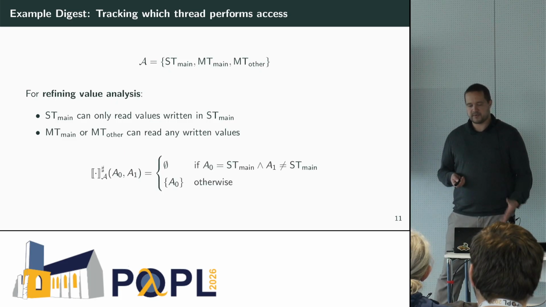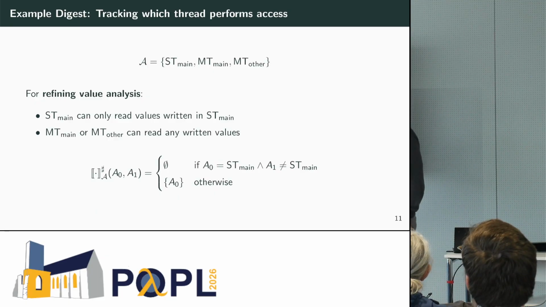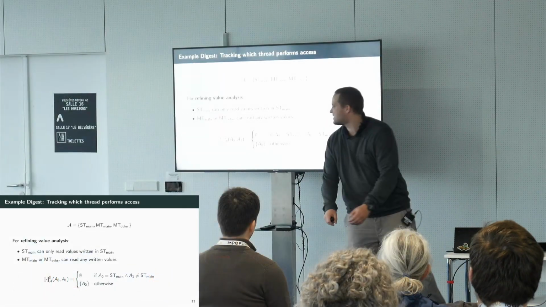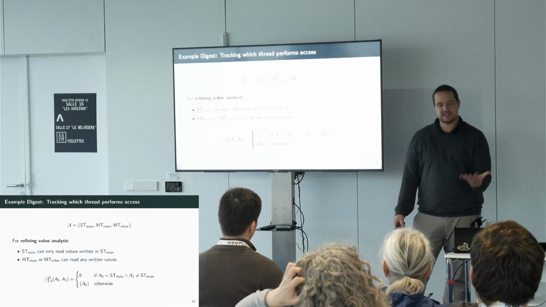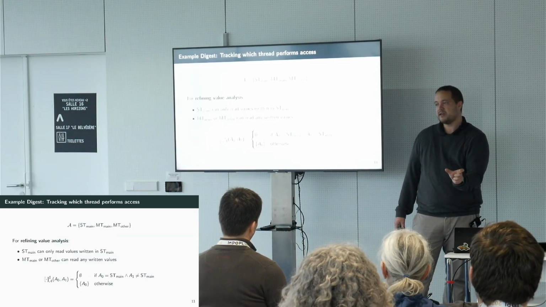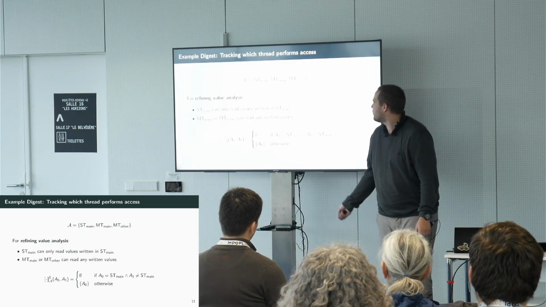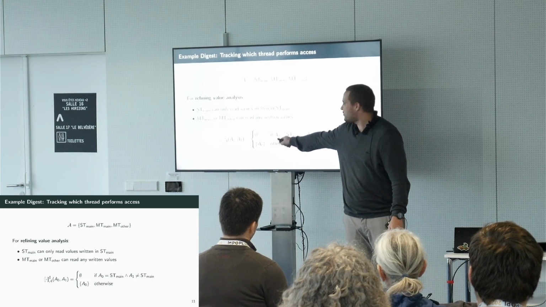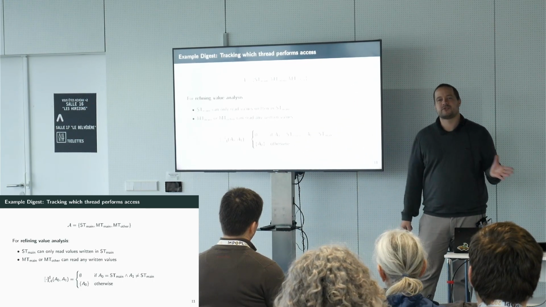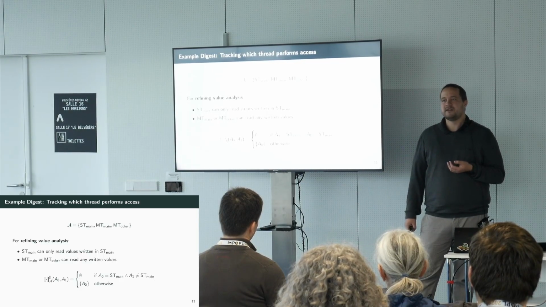And one way to write this down is in this way here. Don't be scared off by the syntax, but basically what this says is I'm computing the successor digest given the digest of the thread that's reading and the digest of the thread that performed the writing. And if I am the main thread and I am trying to read something from some other thread that is not the main thread, this is not possible.